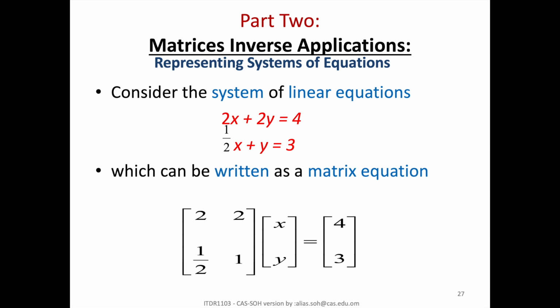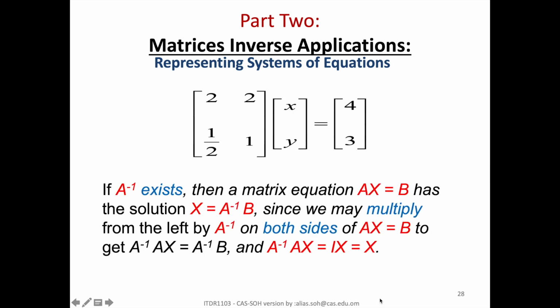We have 2x plus 2y equals 4, and half of x plus y equals 3. We can write this system of linear equations as a matrix equation by having the coefficients together, the variables, and the results.